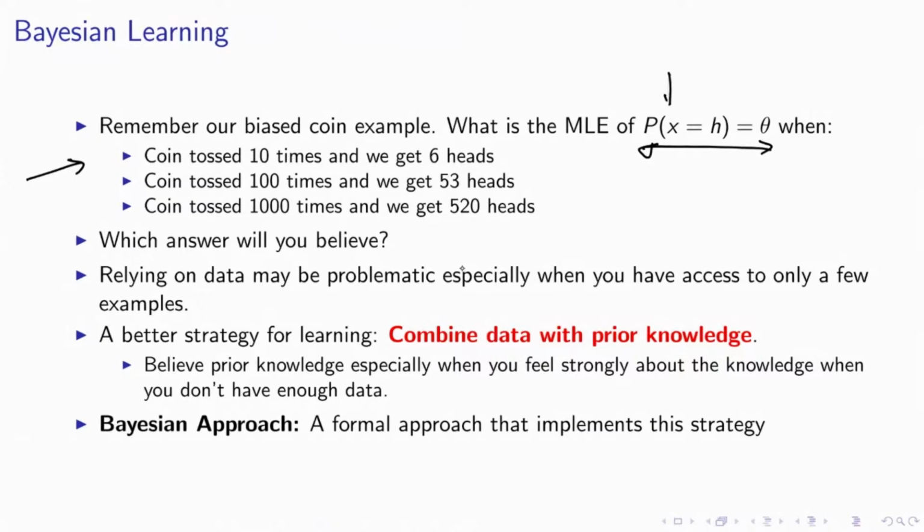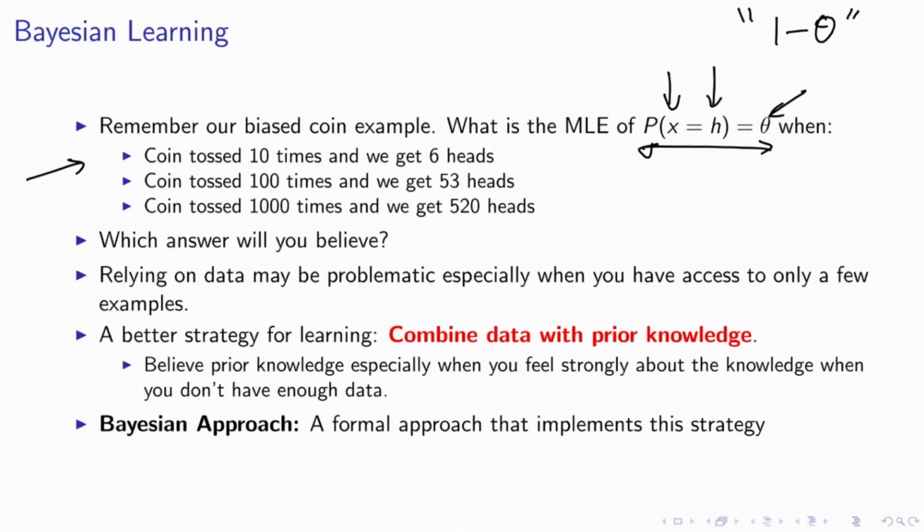X is the coin, and the parameter associated with x equals heads, the probability of that, is nothing but theta. And the parameter associated with x equals tails is nothing but 1 minus theta. And we asked, how can we estimate the parameter of this model when we are given some experimental data?